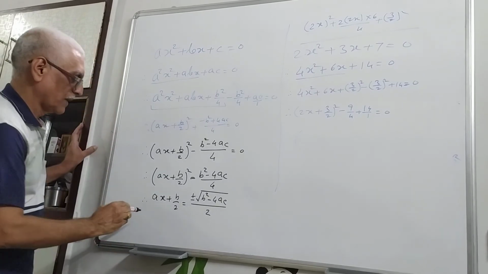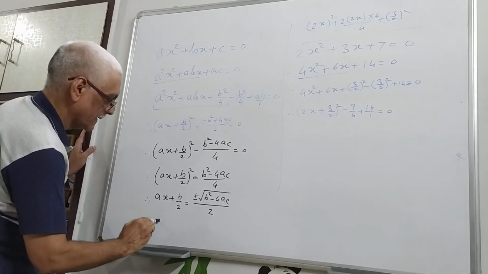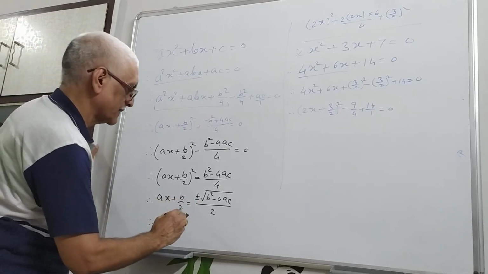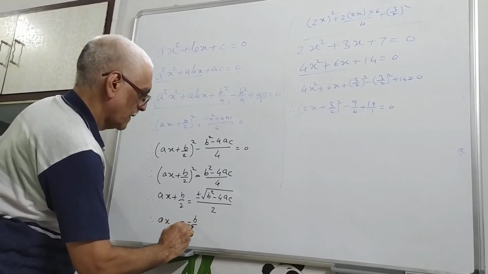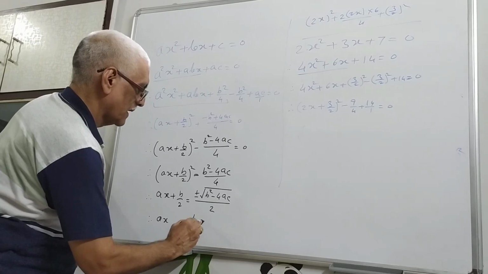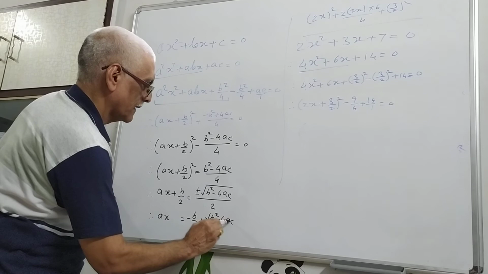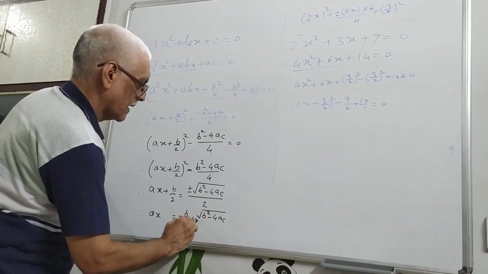Therefore this will become ax is equal to, this plus b by 2 goes to that side and becomes minus, so minus b by 2 plus or minus under root b square minus 4ac upon 2.